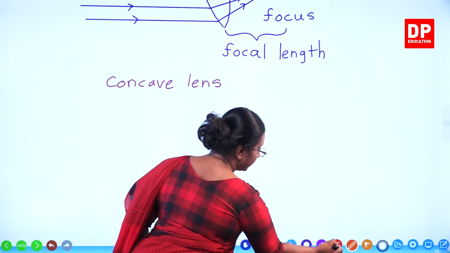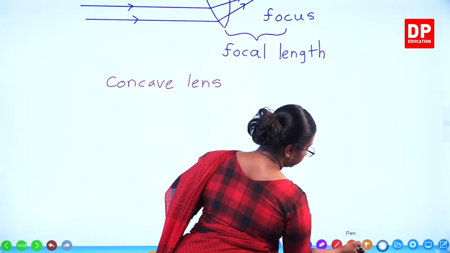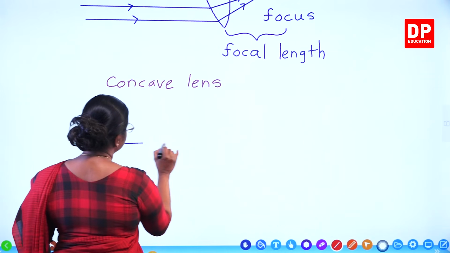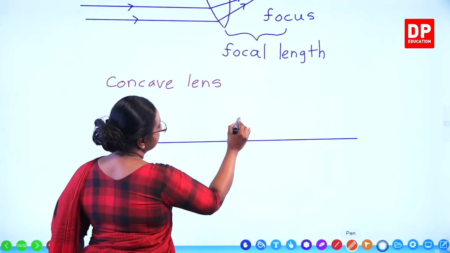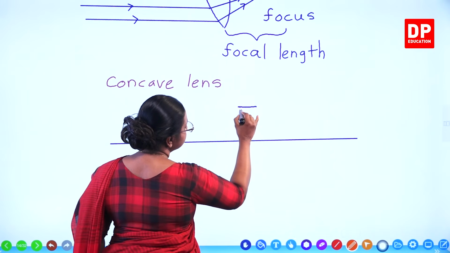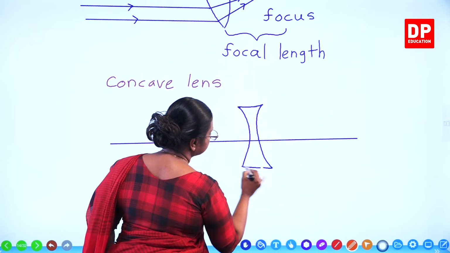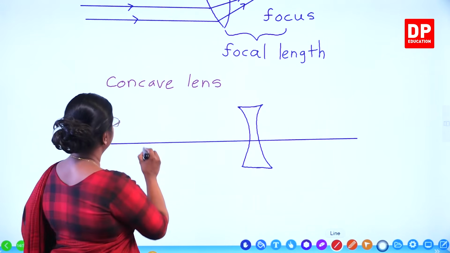Again we need to draw the principal axis. Then we need to draw the lens. And we need to have the parallel beam of light.